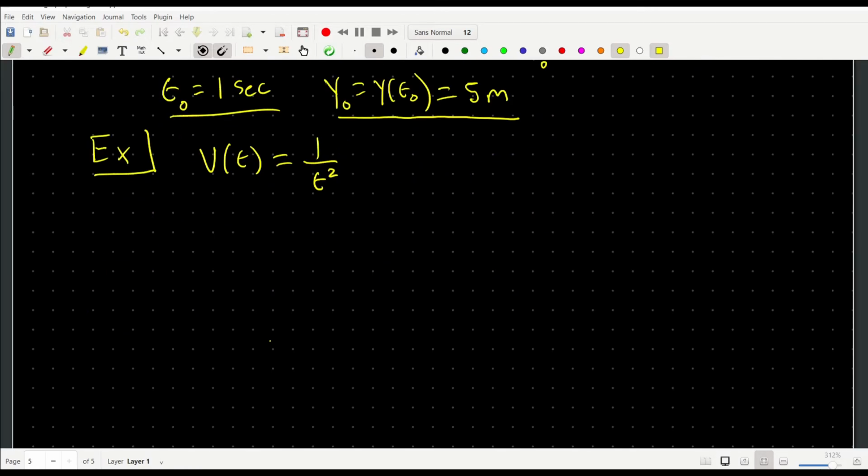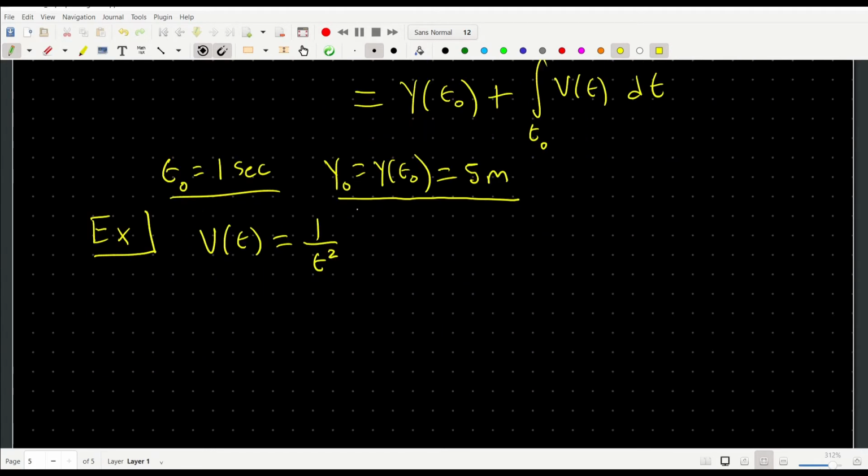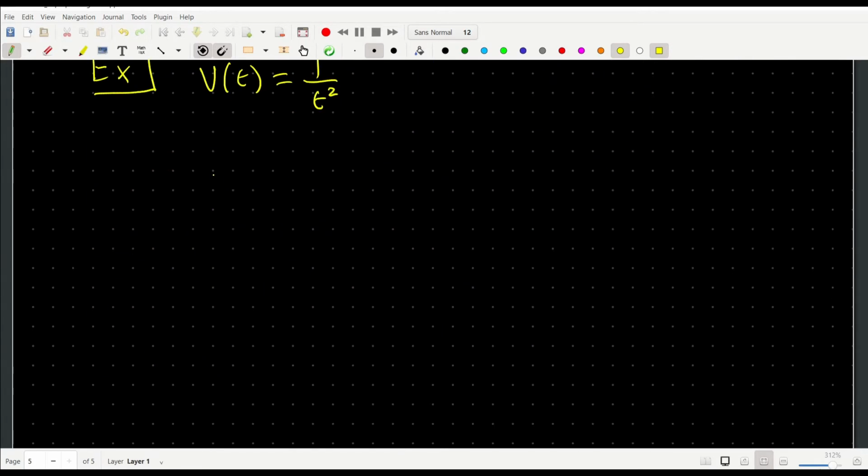So the velocity is decreasing. It's getting smaller and smaller, all the way to 0 as we get to a larger and larger time. But what we'll do is look directly at what the limit is as our end time goes to positive infinity of this y of t.